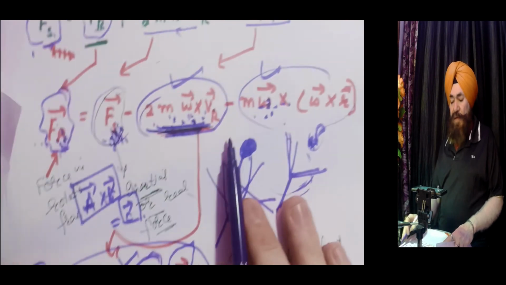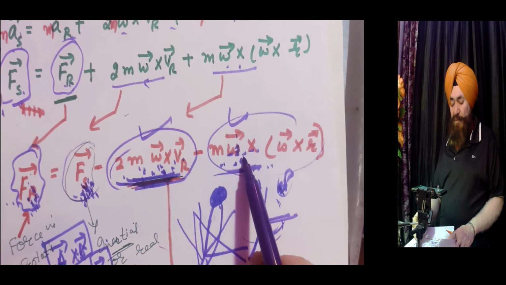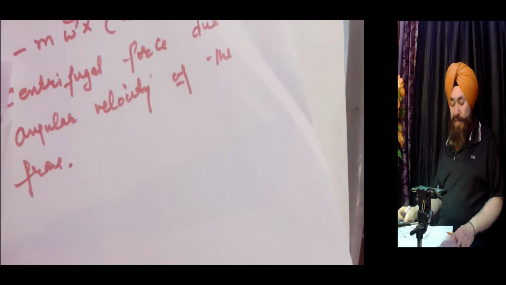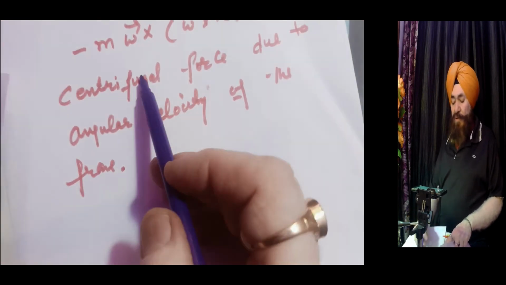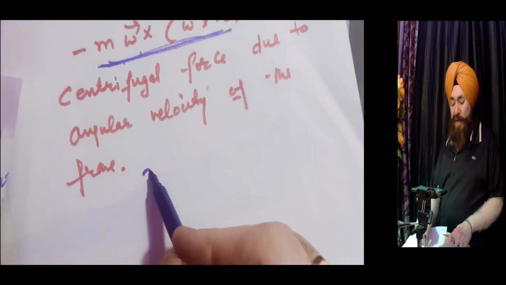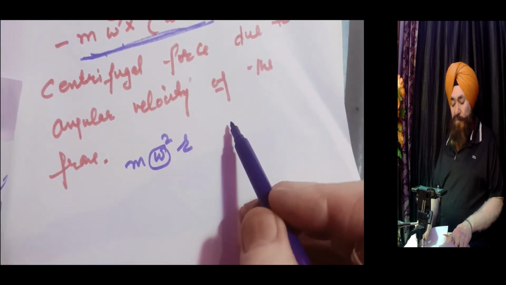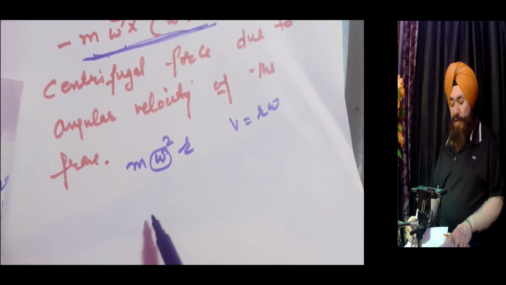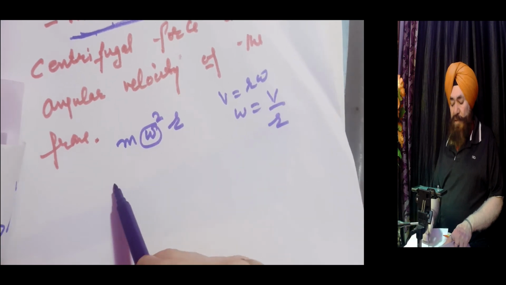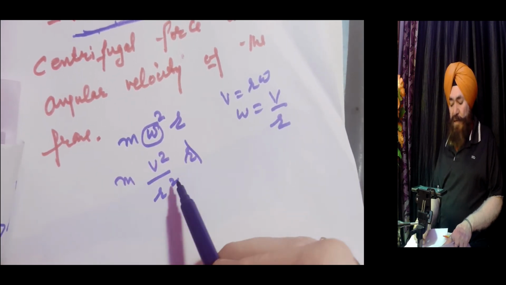There is one other force, the last one. This is m omega vector cross r vector. What is it? If you write its magnitude, this is m omega square r. Since v equals r omega, omega equals v upon r. So this becomes m v square upon r, r cancels.